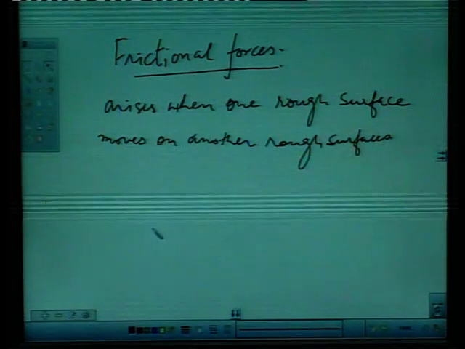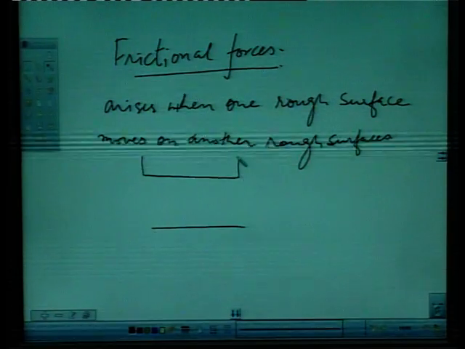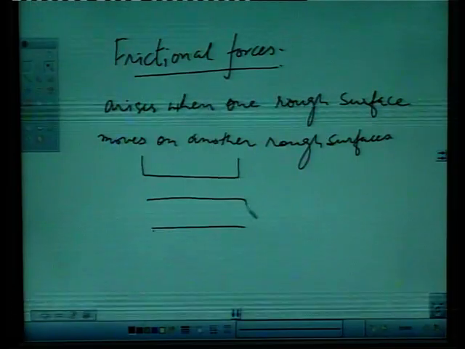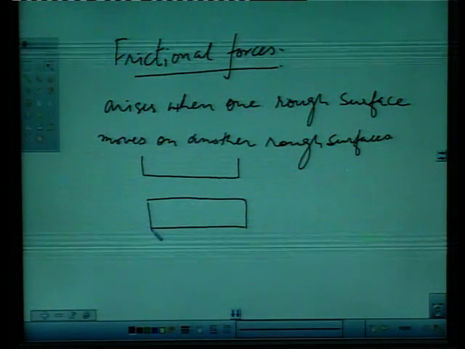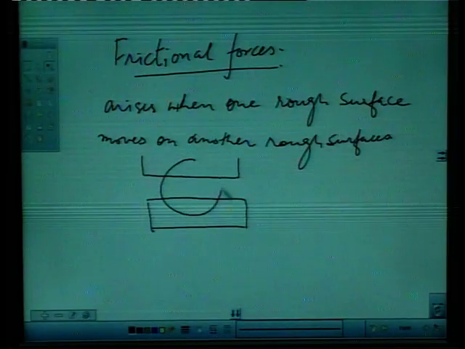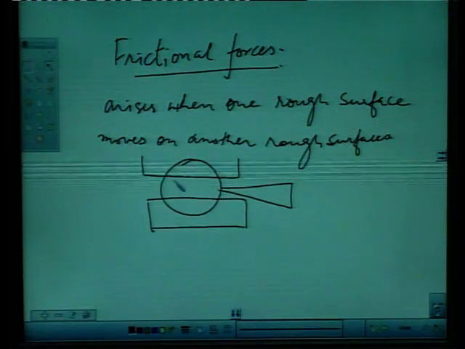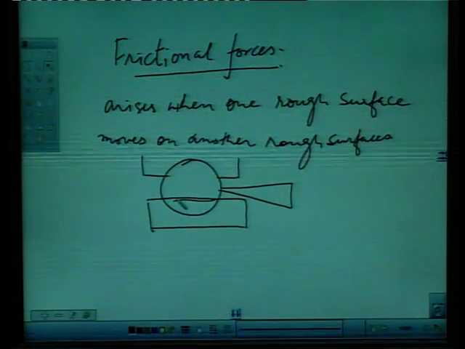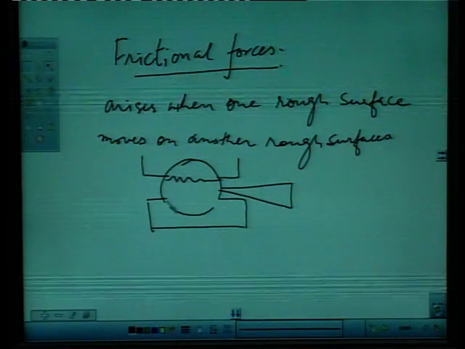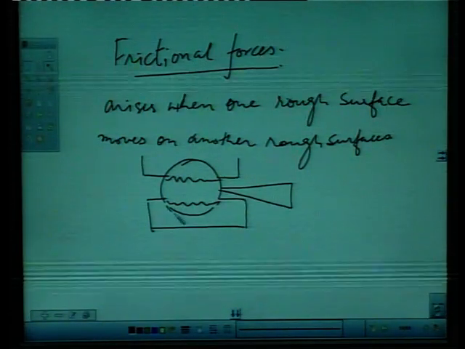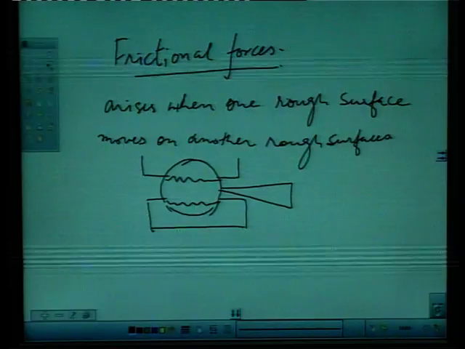So for example, this surface looks smooth, but when we look under a microscope, these surfaces look like rough surfaces.